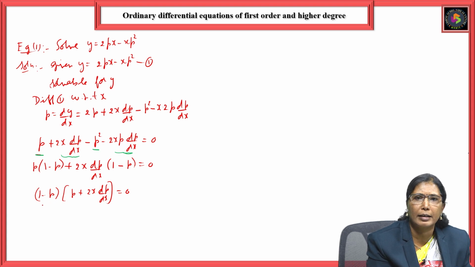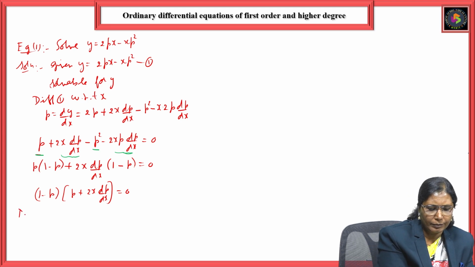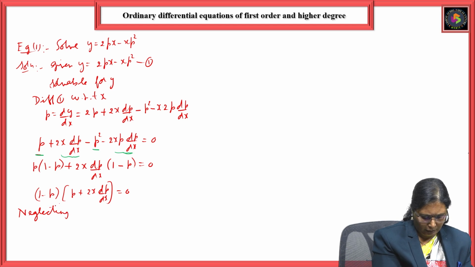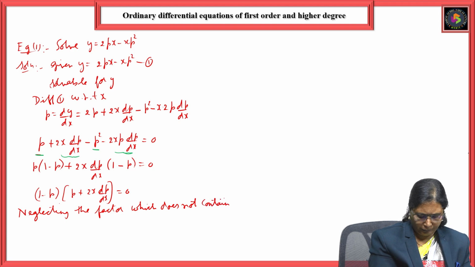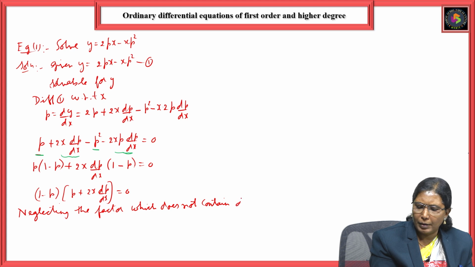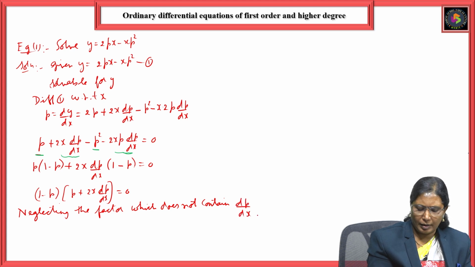You have to neglect the factor which does not contain dp by dx.